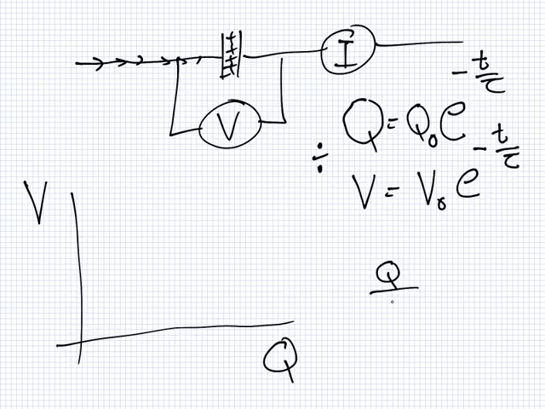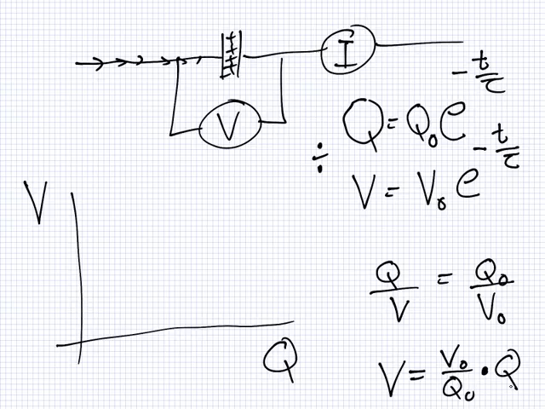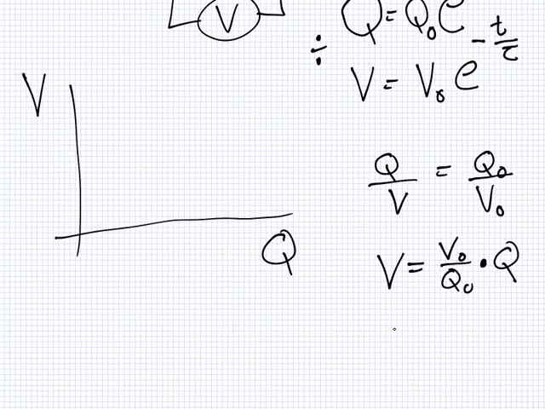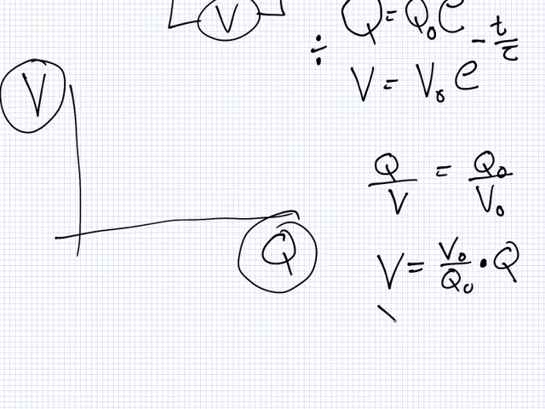Q divided by V equals what? Q0 over V0. So now we can say V equals V0 over Q0 multiplied by Q. If this is V and this is Q, this is like y equals mx.